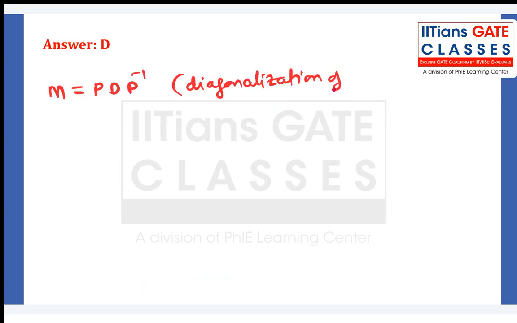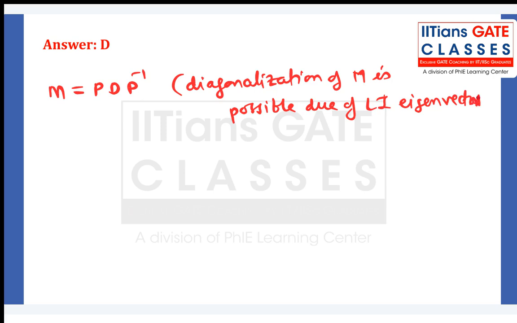Diagonalization of matrix M is possible due to distinct eigenvalues, or due to linearly independent eigenvectors. That should be the correct terminology. We have discussed this in our regular classes.